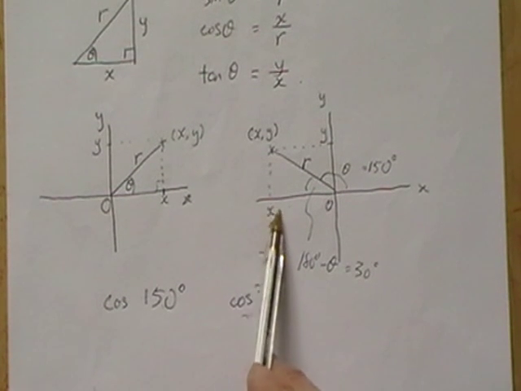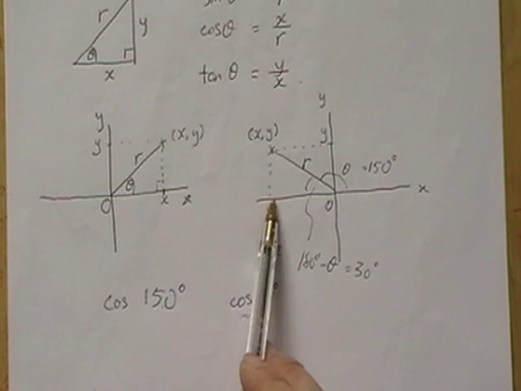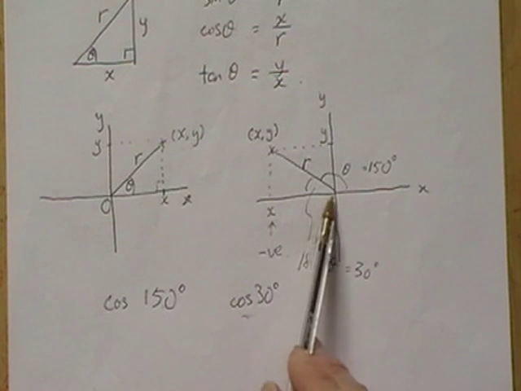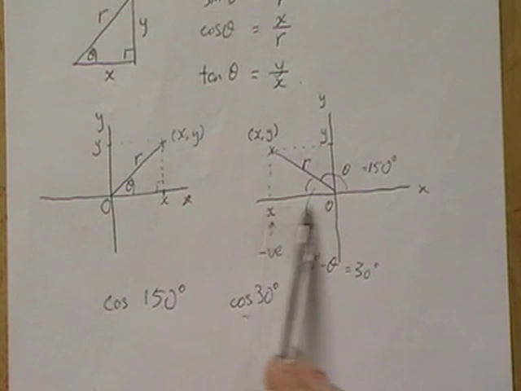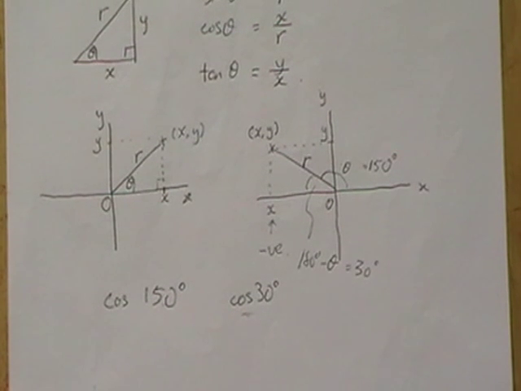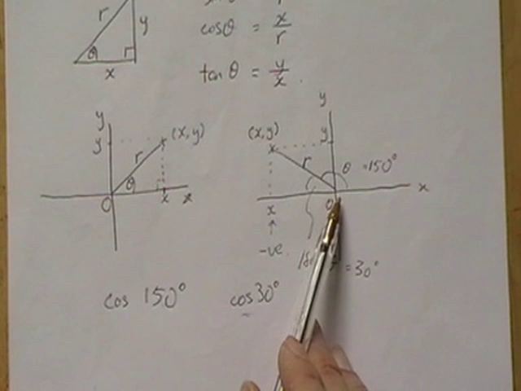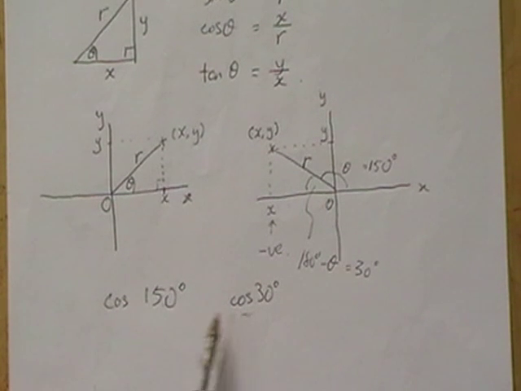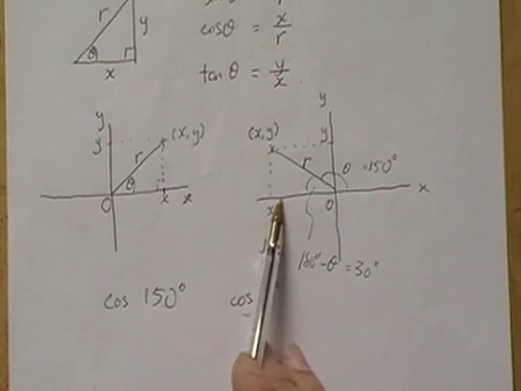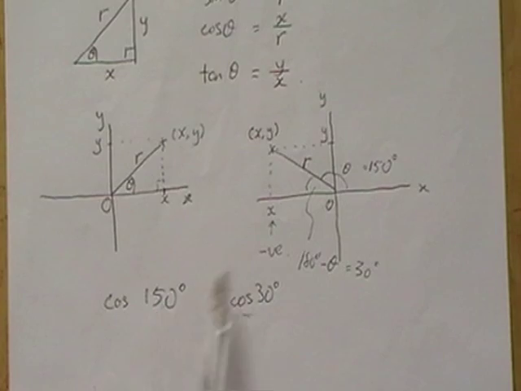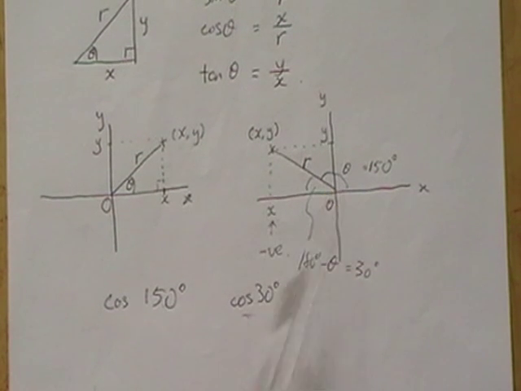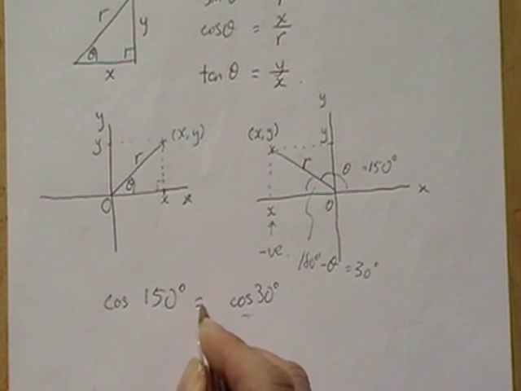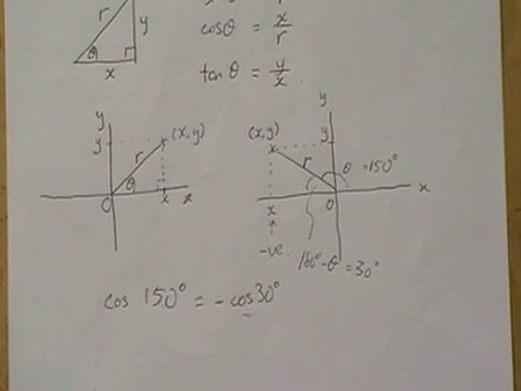Now the x coordinate of this point has the same magnitude as this side, but it is negative because it's on the left of the origin. So in other words, there is a difference in sign between these two. This is obtained from just taking the length of this side and dividing by this. This is obtained from x, which is negative of this length, and divided by this. So the two should be related by the minus sign.